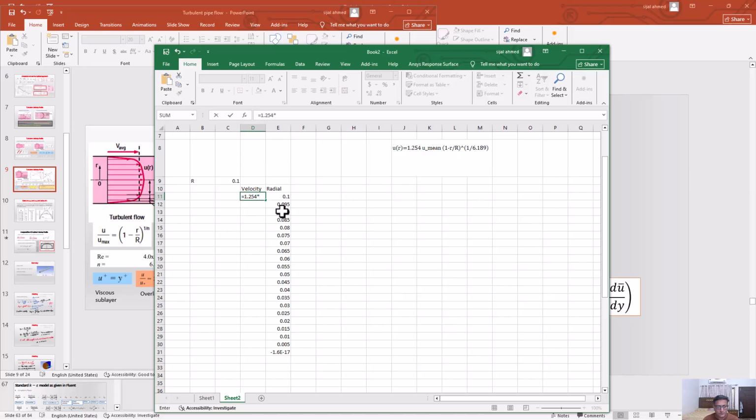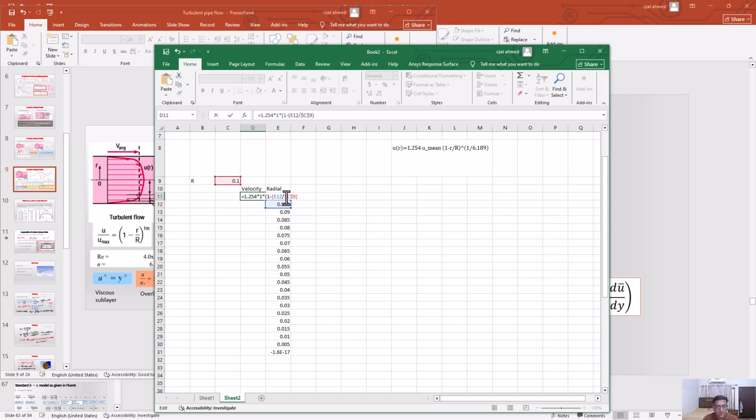So here we have 1.254 into U mean, which is equal to 1 meter per second. Into this bracket, I'm starting with the bracket 1 minus r upon R, so r divided by this capital R. I close the bracket, but here you have to put a dollar sign so this value remains constant.